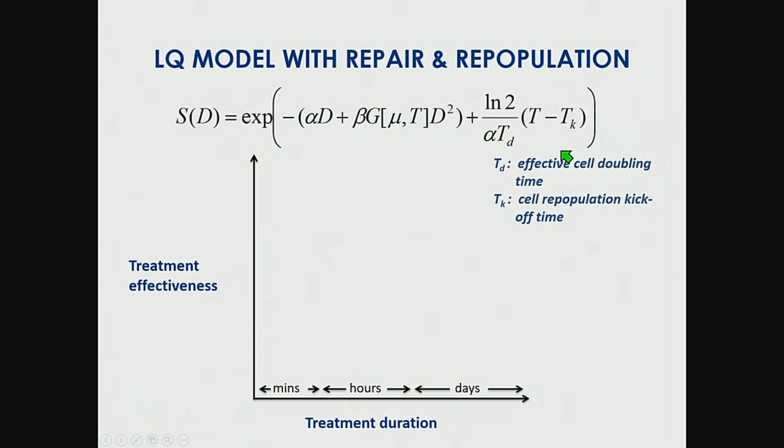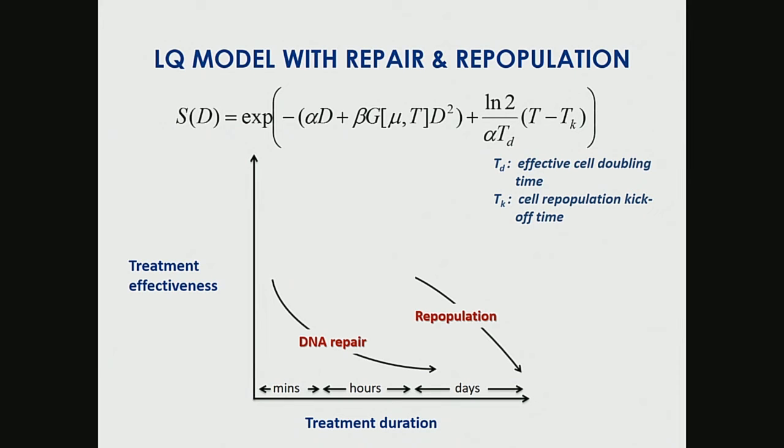Since the repair half-time for damage repair is on the scale of hours, the impact of damage repair will start to show up whenever the treatment delivery lasts more than several minutes or hours. Similarly, because tumor cellular doubling occurs on the time scale of days, this would have an impact if the treatment duration goes beyond days or into months. Both of these will negatively impact the treatment effectiveness.